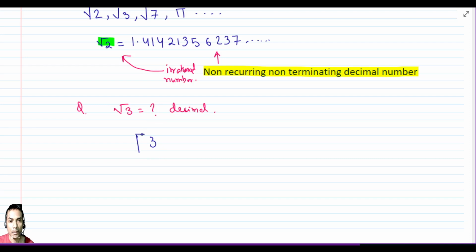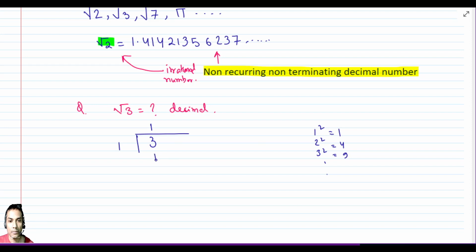Then do the division, but here it is not the normal division, it's the square division method. Every time, if we take 1, we multiply 1 into 1. We have to follow this table: 1 square, 2 square, 3 square. 1 square is 1, 2 square is 4, 3 square is 9. So 1 square is 1, 2 square is 4, which exceeds 3, so we consider 1.